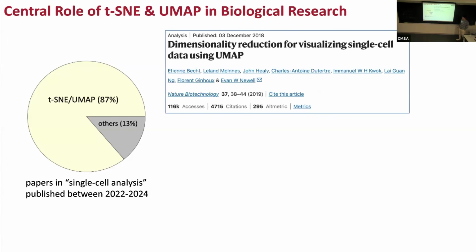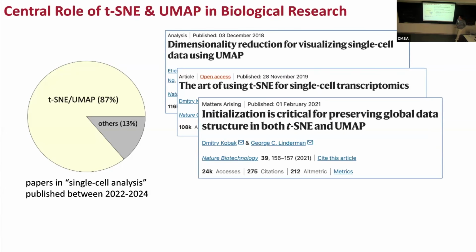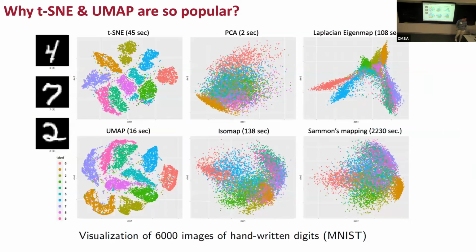You can see in top scientific journals, Nature and Nature Biotechnology, there are papers dedicated to this group of algorithms, towards computational biology, or biologists talking about how to artistically use those algorithms for biological analysis, especially for single cell transcriptomic data. From 2018 up to last year, there is a series of papers talking about those algorithms alone.